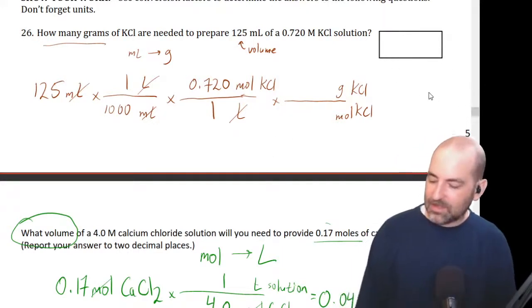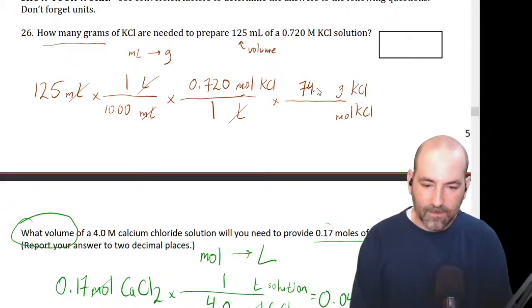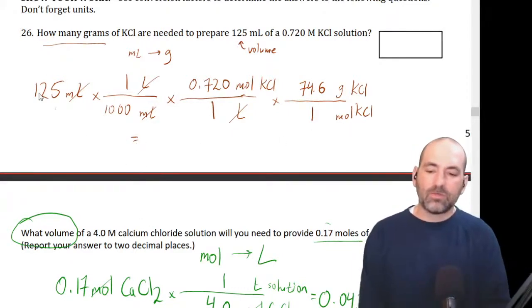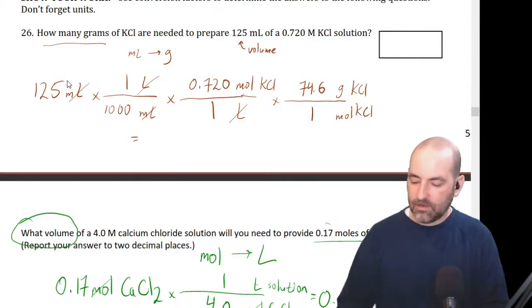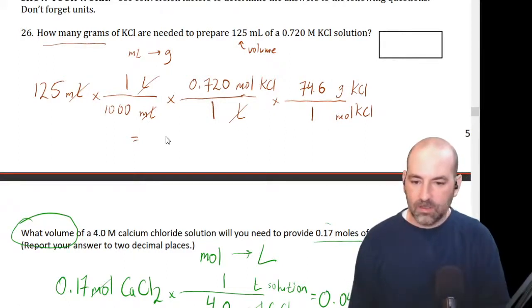It's about 74.6 grams per mole. So to evaluate this, we take our 125, divide by 1,000, multiply by 0.72, and then by 74.6.